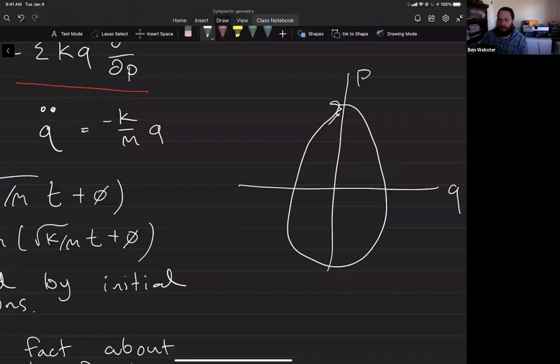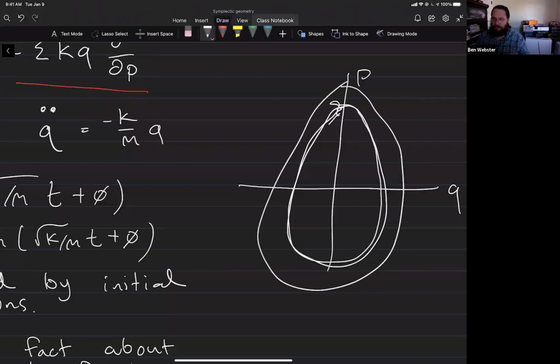And the amplitude tells you how much energy you started with. So this path is actually a level set for the Hamiltonian function. We'll see in a moment why that's the case, but if you know a little basic physics, you know that energy should be conserved. So you should be moving around on a level set of the energy function, which in this case is a one-dimensional submanifold.